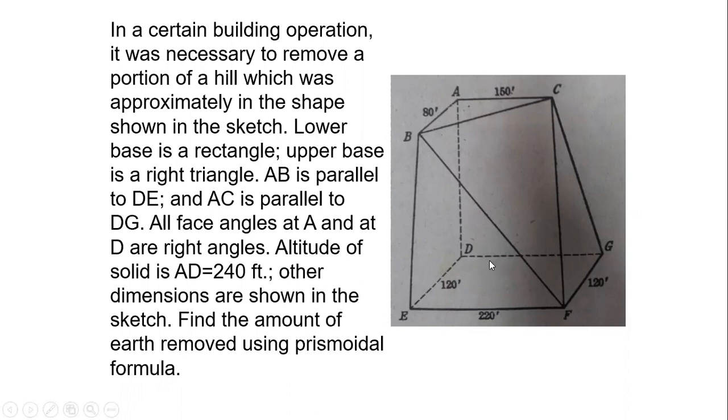The upper base is a right triangle. AB is parallel to DE, AC is parallel to DG, and all face angles at A are right angles. The altitude of the solid, AD, is 240. Other dimensions are shown in the sketch. Find the amount of earth removed using the prismoidal formula.